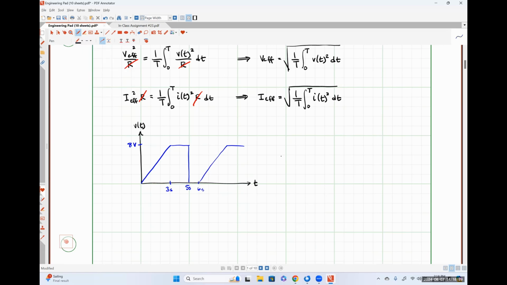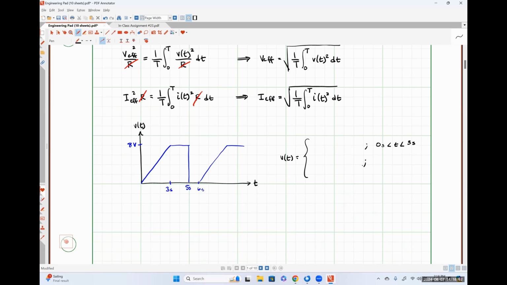So as a piecewise function, I could say that my voltage waveform is going to have 3 distinct parts, right? It's going to have one functional value over the interval from 0 seconds is less than t is less than 3 seconds.